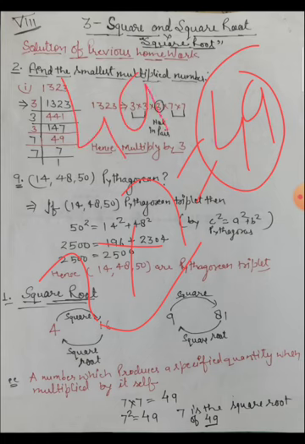So the square root of 49 is 7. What is the square root of 49? 7 is the square root of 49.